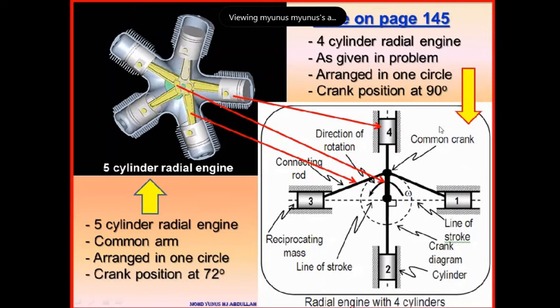If you know these two, the next thing will be very easy. With 4 cylinders you have 360 degrees divided by 4, which makes 90 degrees for every cylinder. With 5 cylinders you make an equal angle of 72 degrees for every cylinder.